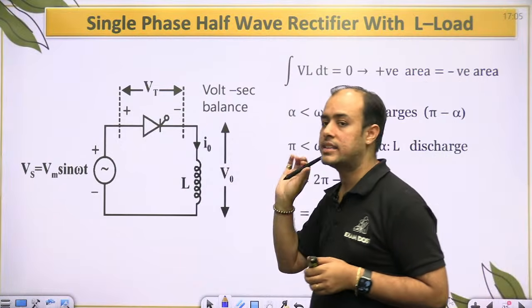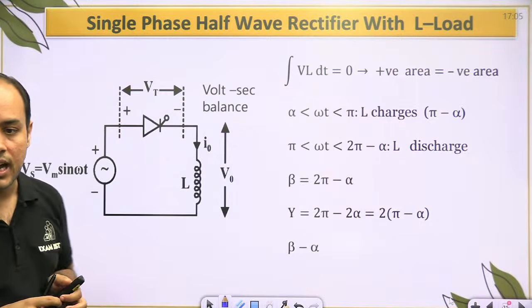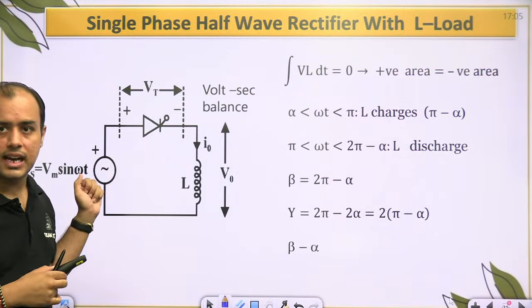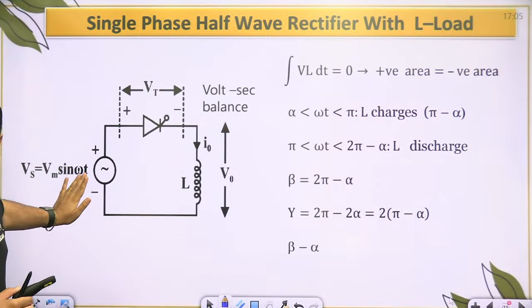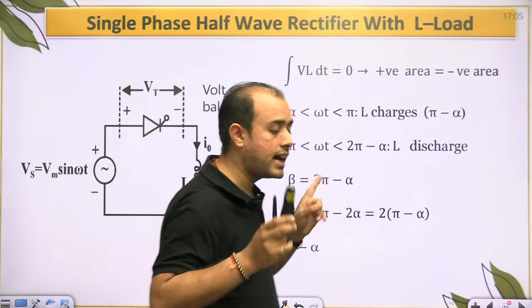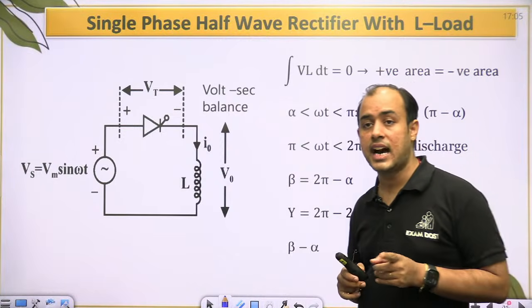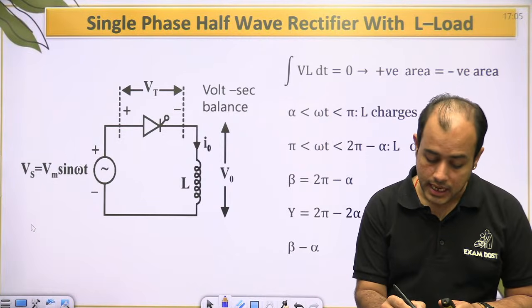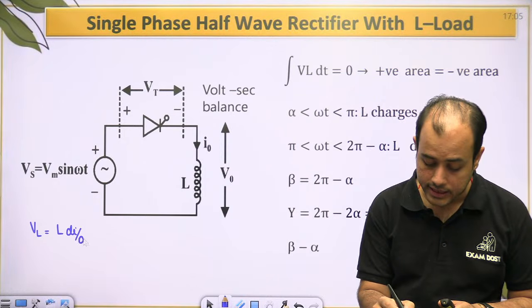SCR फॉरवर्ड बायस 0 पे हो गया, लेकिन कंडक्शन मेरे भाई अल्फा पे चालू करेगा जब इसको गेट पल्स मिलता है. Now from alpha to pi, the supply is positive, so inductor will charge. Whenever the inductor voltage is positive, remember inductor charges, because beta, voltage of inductor is L di by dt.